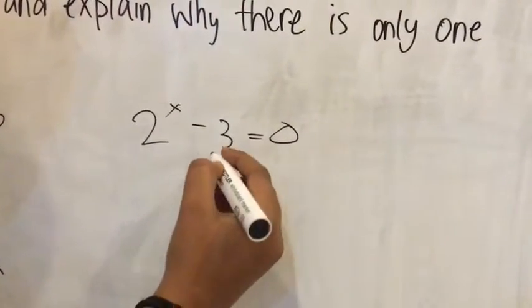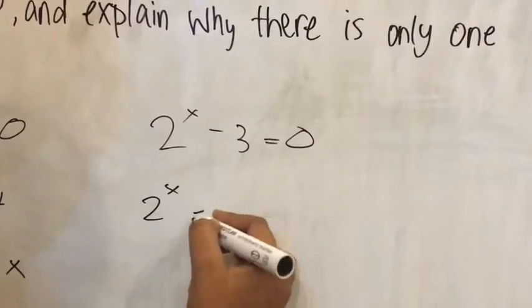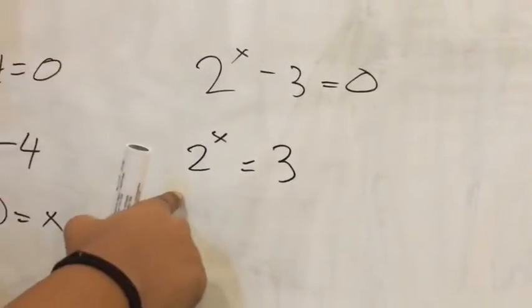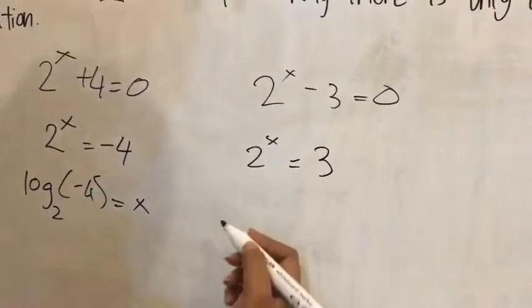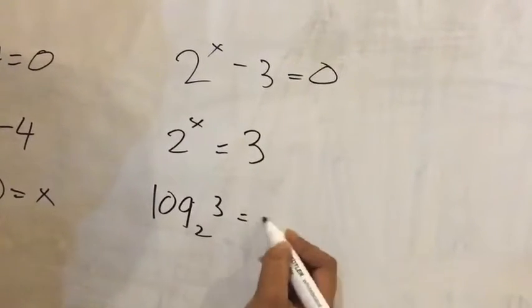So we can move the 3 to the other side as we did in the previous question. So it would be this, and we can again change this from the exponential form into logarithmic form. So it would be log of 3 to the base of 2 equals x.